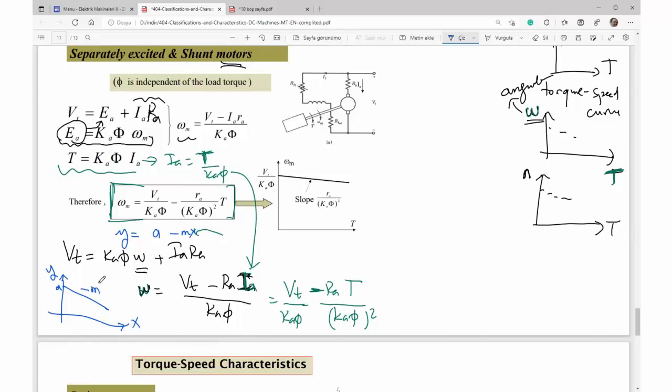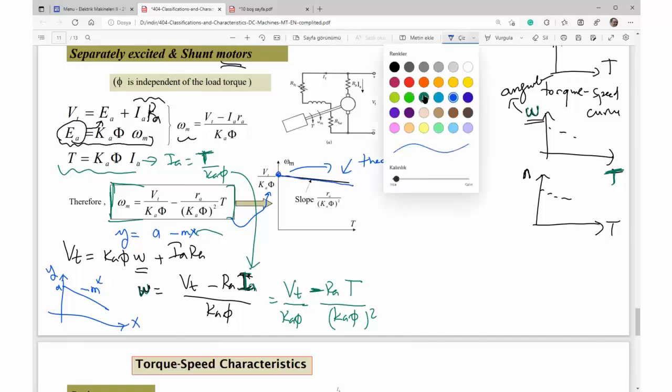That is the slope. That is the theoretical result coming from these equations. It starts from no load speed. Let me take it here again.